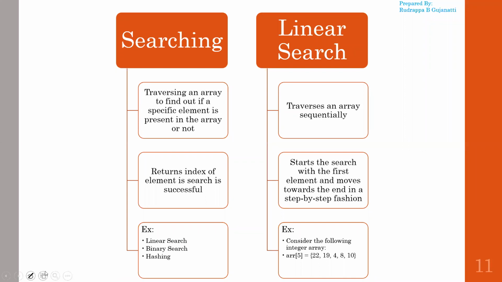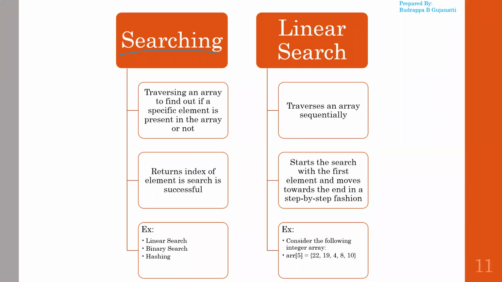The next topic we have is the searching operations which are performed on array elements. What is basically meant by searching in an array? If I want to identify whether a specific element is present in the array or not, I have to traverse through the array elements and compare them with the element, to see whether it is present or not.